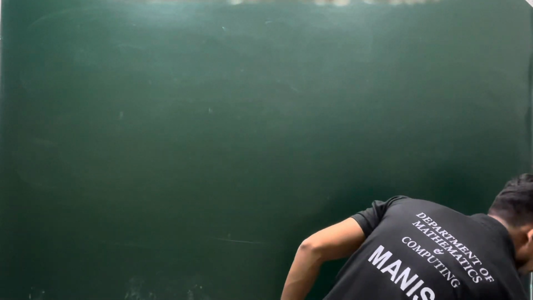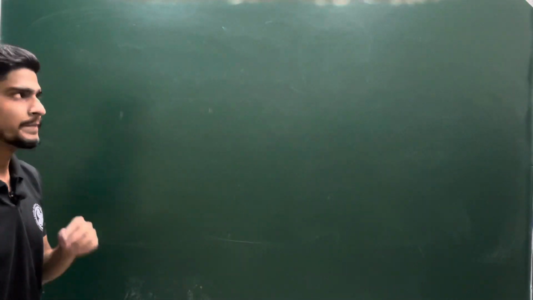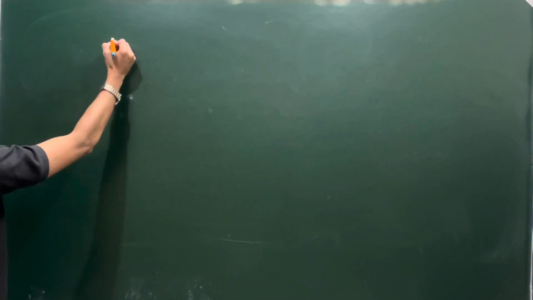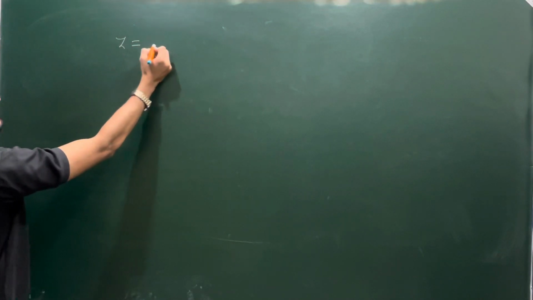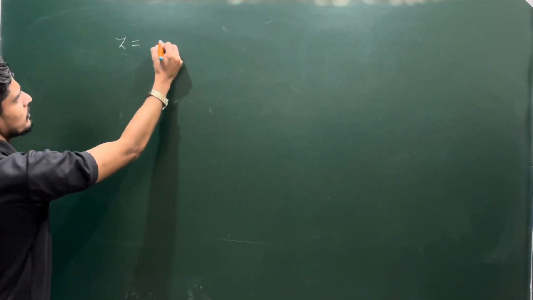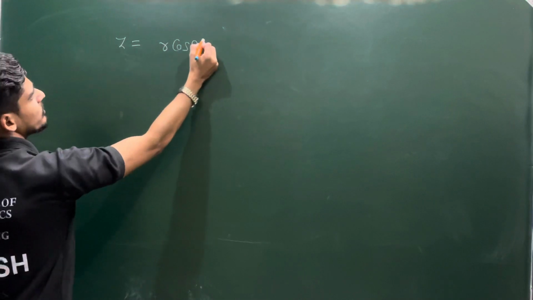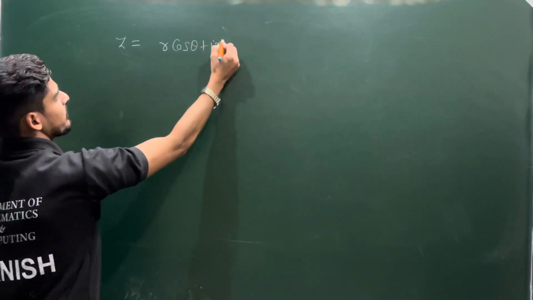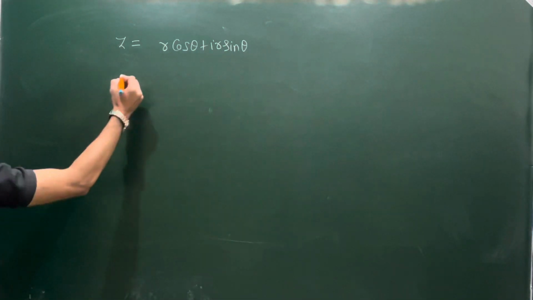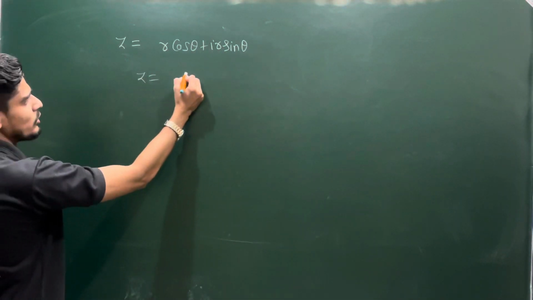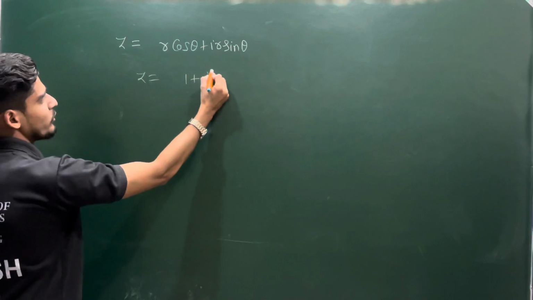Now you understand the multiplication of two complex numbers. Let me give you one more thing. Suppose z is equal to r cos theta plus iota times r sin theta. Or for a particular case, suppose z is equal to 1 plus iota.